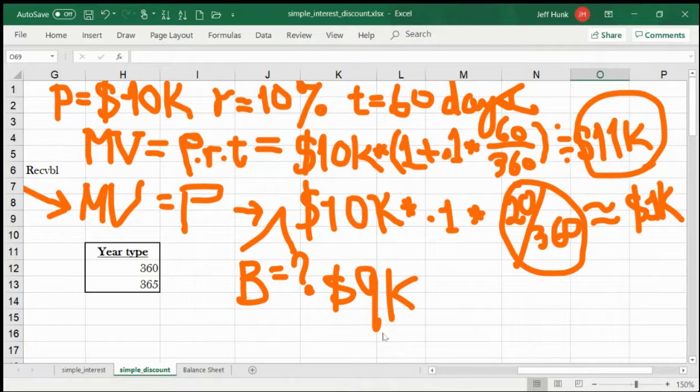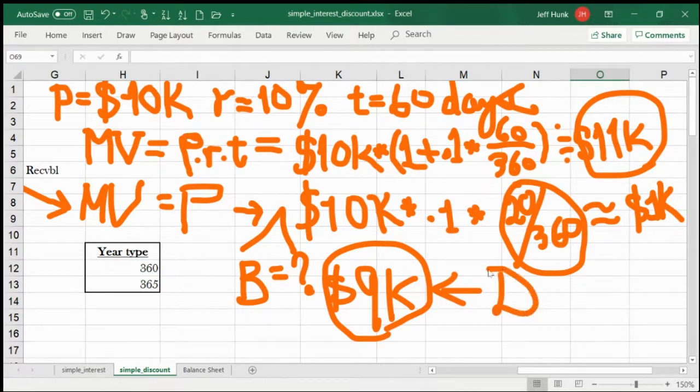So the idea is the bank discount. What you receive from the bank is called proceeds, right? And the symbol for that is D. So that means it's the discounted amount that you receive from the maturity value.